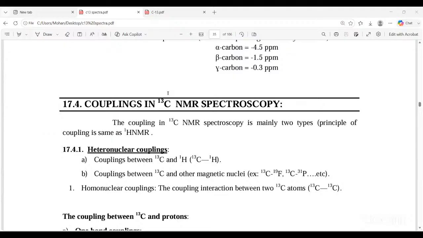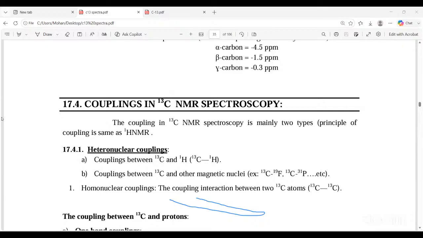When the electron density decreases on the specific atom, it shows higher delta values, because the electron density is inversely proportional to the chemical shift values. All these things we discussed in the last class, yesterday.